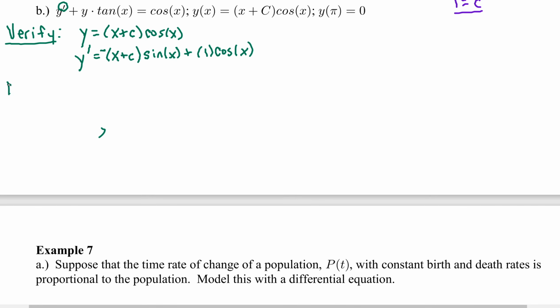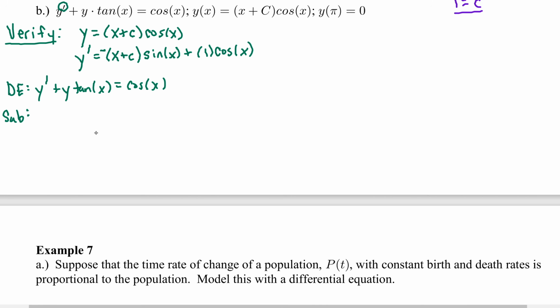Now, the given differential equation is y prime plus y tangent of x equals cosine of x. And we're going to sub what we found into this differential equation. Remember, when you plug in your functions, everything should at that point be in terms of the independent variable.